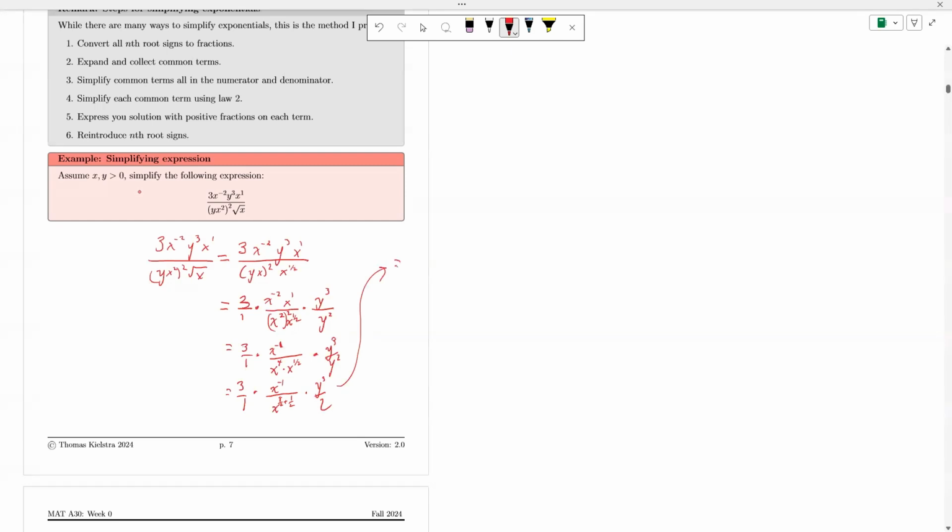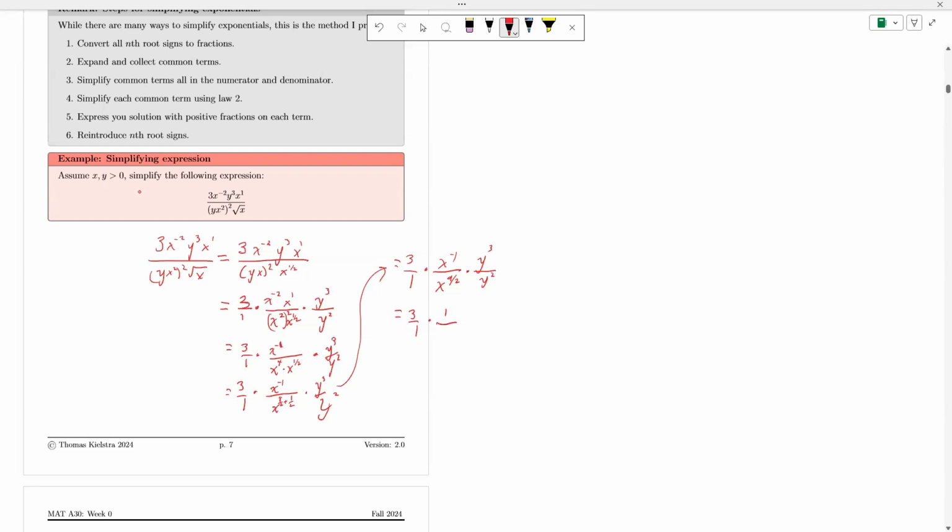Bringing this up, we'll finish it. We get 3 over 1 times x to the minus 1 over x to the 9 over 2 times y to the 3 over y to the 2. From here, I'm going to bring them all into positive terms. This is going to be 3 over 1. And now the negative brings it to the bottom.